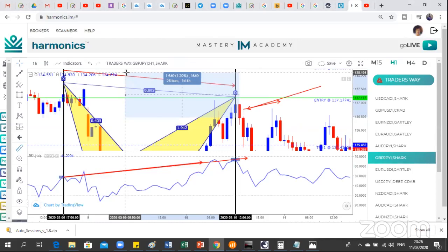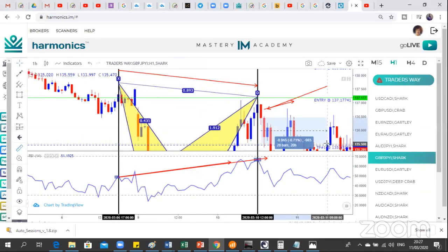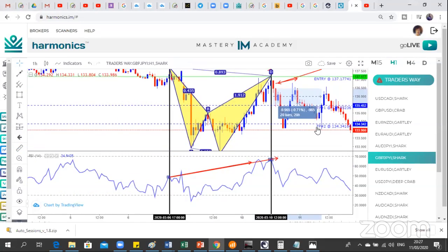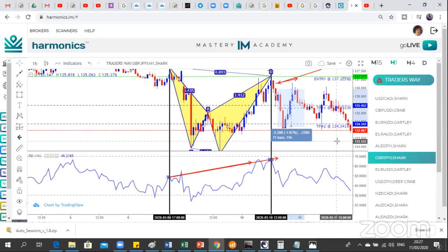So your stop loss is above X, which is 164 pips, and your take profit is down. So if you see the move, it gave us 228 pips. Good business or bad business?